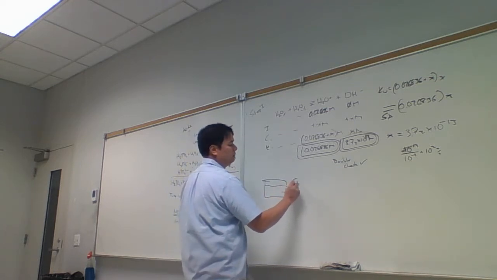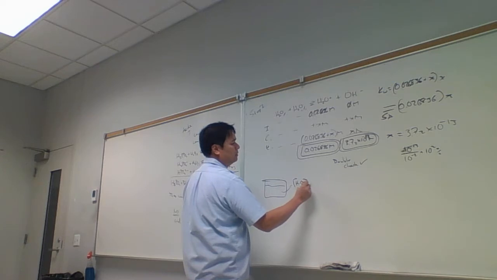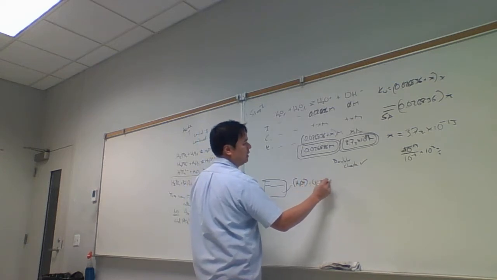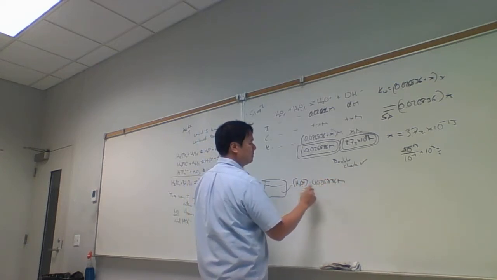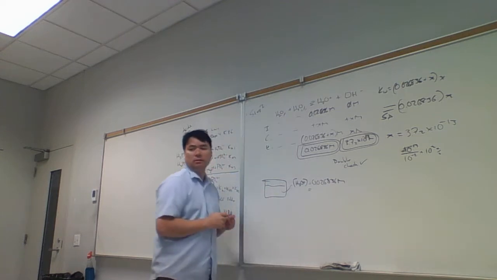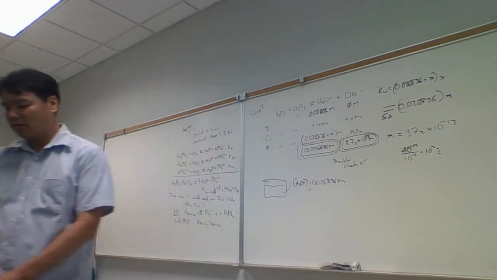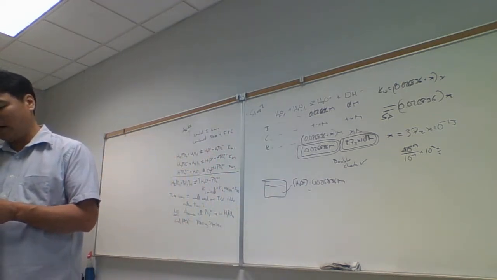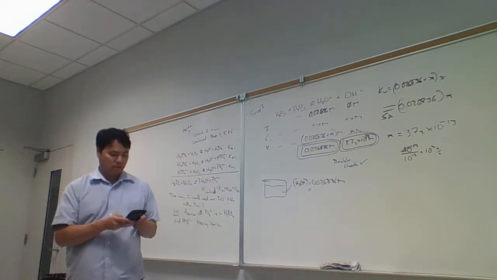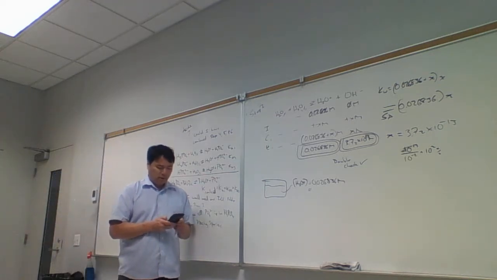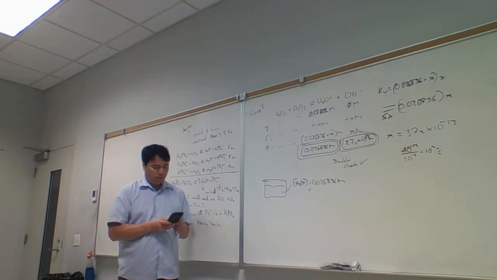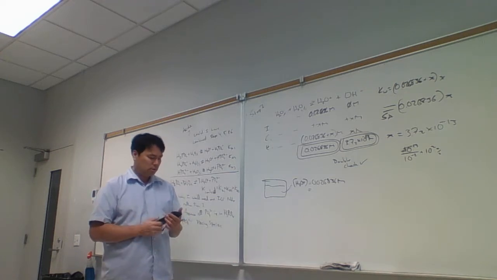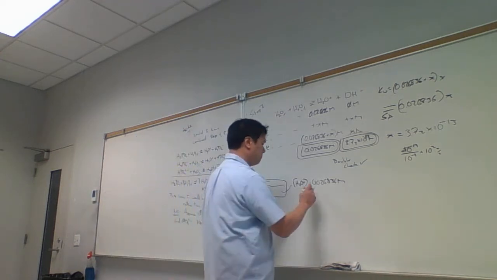The hydronium is 0.026836. This is too many sig figs, but we don't round until the final answer. The final answer is pH. So we want to know the pH of this. So the negative log of 0.026836 is 1.57.